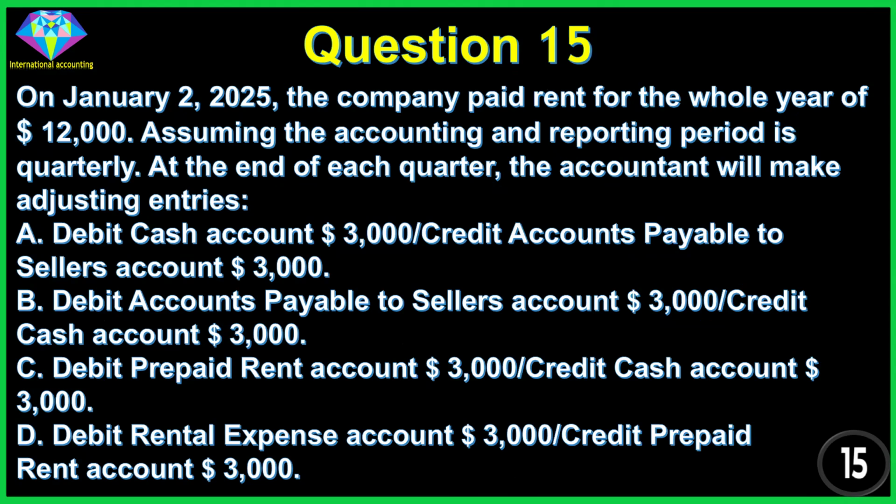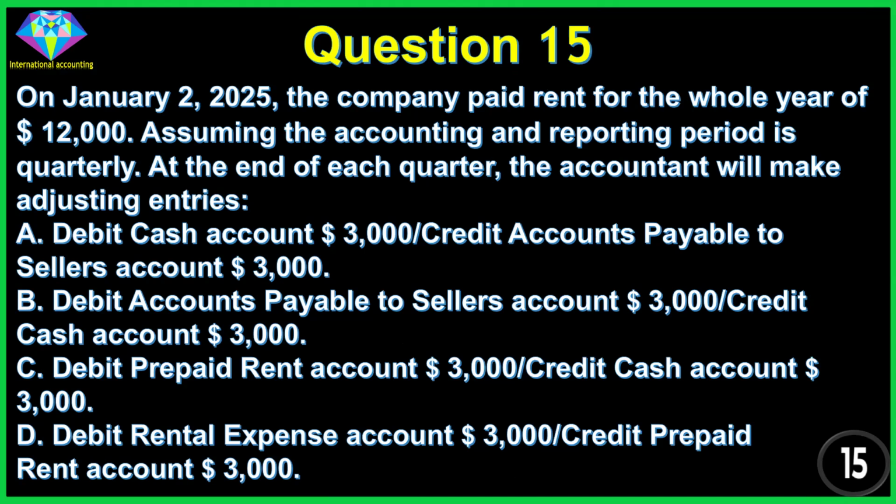On January 2, 2025, the company paid rent for the whole year of $12,000. Assuming the accounting and reporting period is quarterly, at the end of each quarter, the accountant will make adjusting entries. A. Debit cash account $3,000 per credit accounts payable to sellers account $3,000.